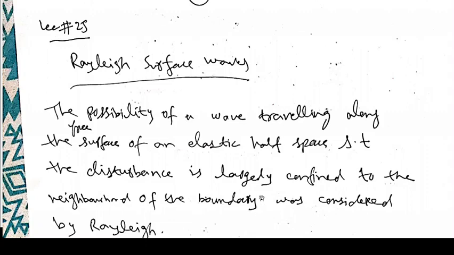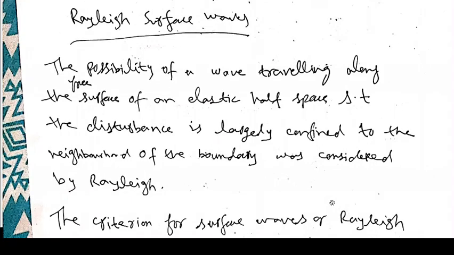It means that when we move away from the boundary, the displacement of that wave will decrease. Because Rayleigh considered this type of wave first, it is called the Rayleigh surface wave.